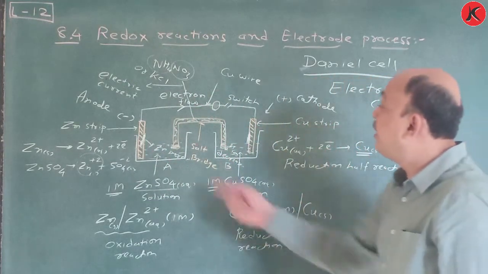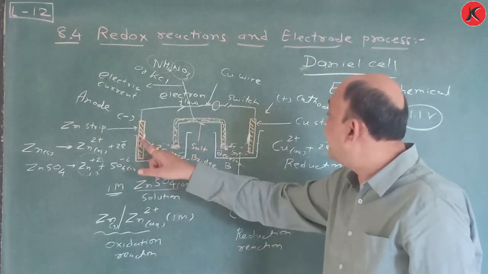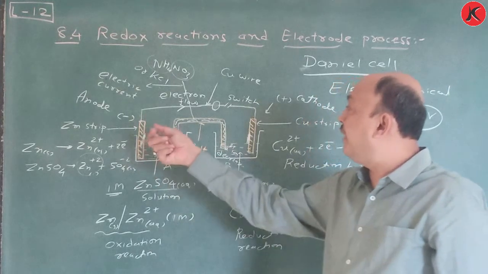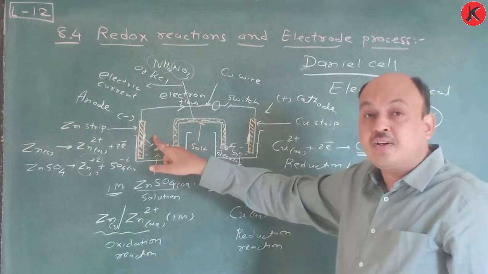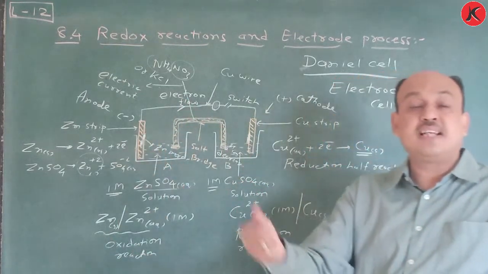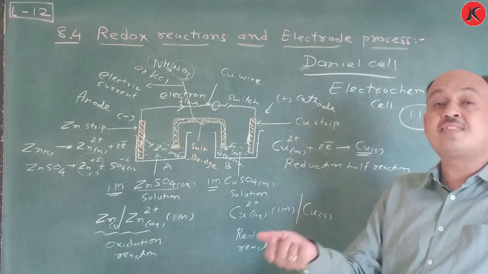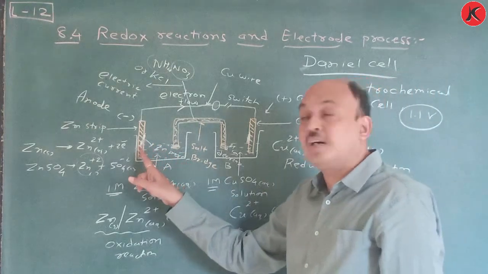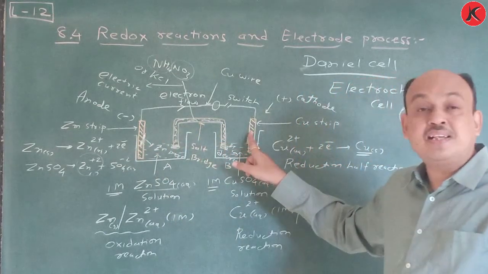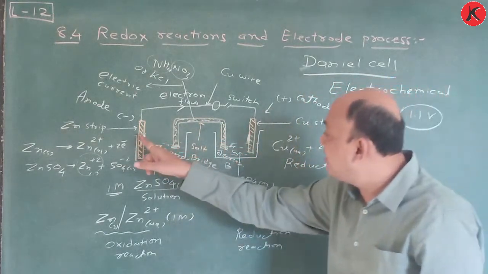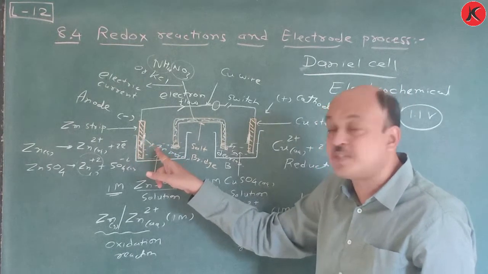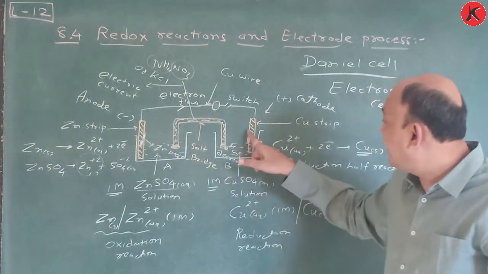How we can say this one? Because we already weighed this Zn strip and copper strip. So here after some time, or say when 1 hour is completed, or say when the reaction is going on, at that time suppose we weigh this Zn strip, washed with distilled water, and once again weigh, at that time this Zn strip's mass decreases, and here the copper strip's mass increases, because here Zn becomes Zn plus 2, that means Zn plus 2 conversion takes place, and here copper is deposited.